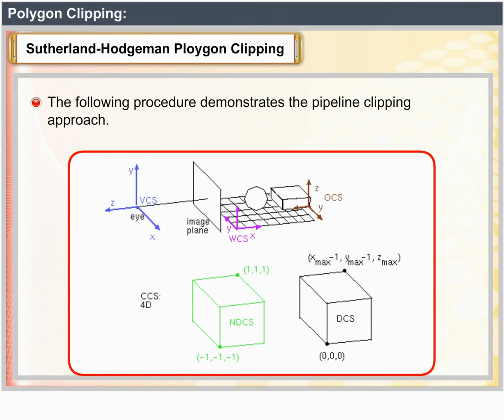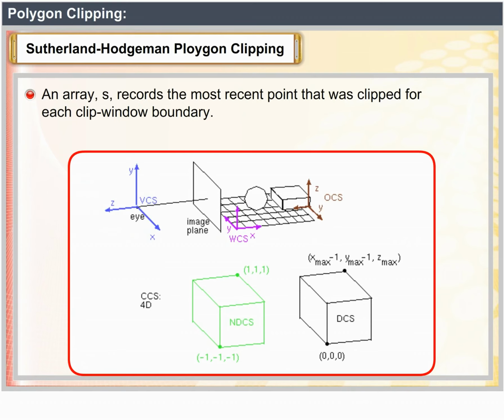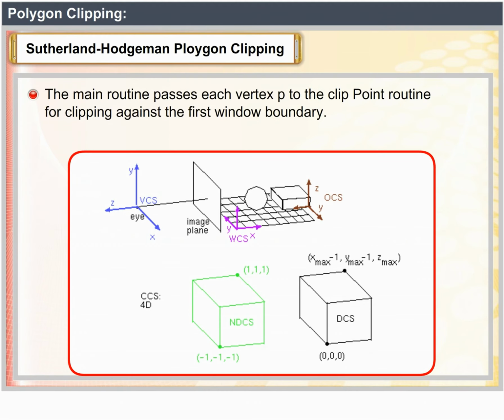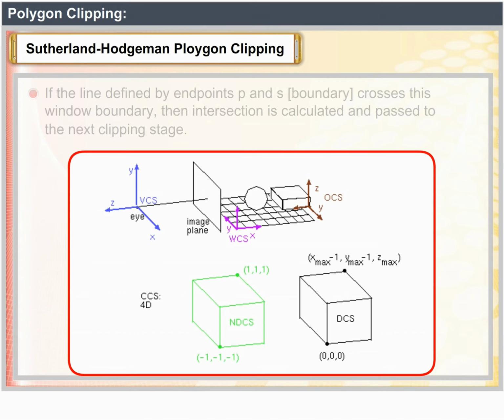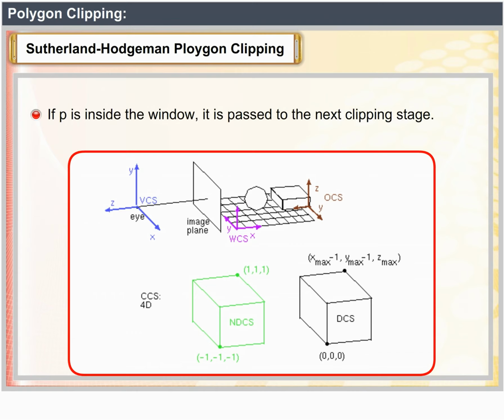An array S records the most recent point that was clipped for each clip window boundary. The main routine passes each vertex P to the clip point routine for clipping against the first window boundary. If the line defined by endpoints P and S[boundary] crosses this window boundary, then the intersection is calculated and passed to the next clipping stage. If P is inside the window, it is passed to the next clipping stage.